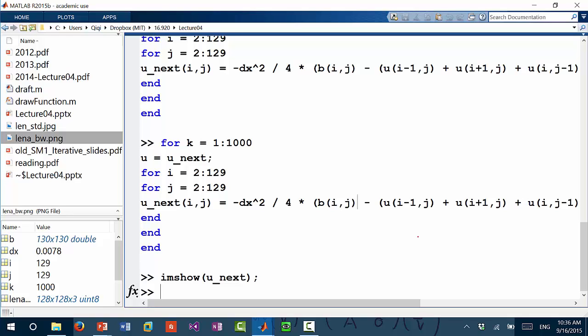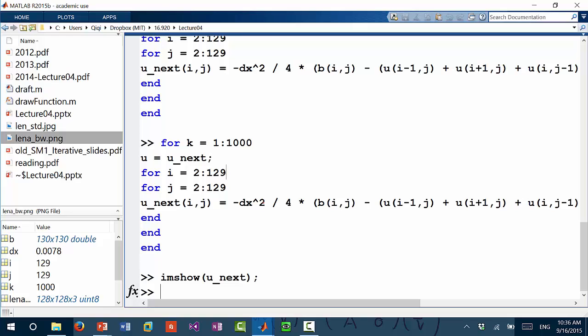Okay, any other questions you thought of during the break? So I got one question on the boundary condition. You see, like in all these loops, we ignored I equal to 1 and we ignored I equal to 130, right?